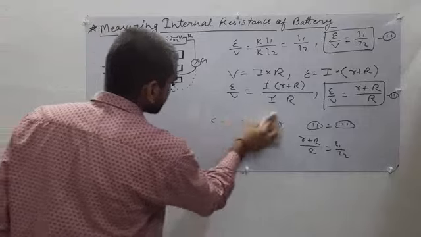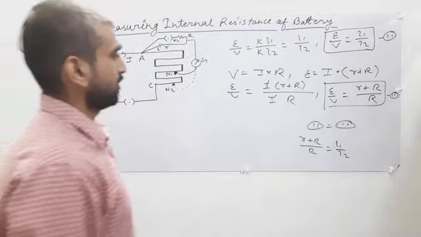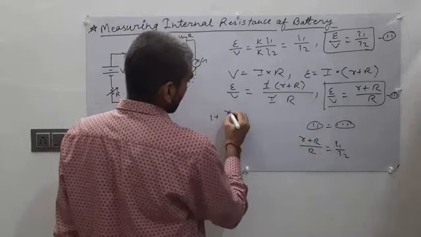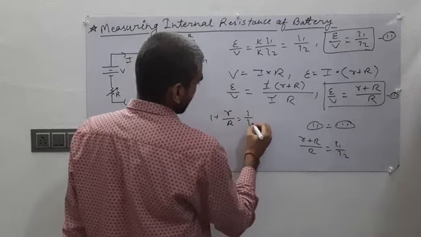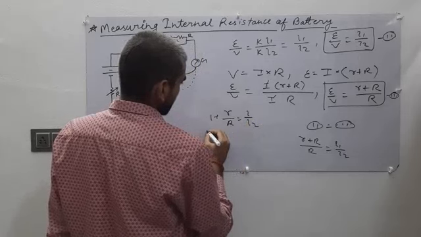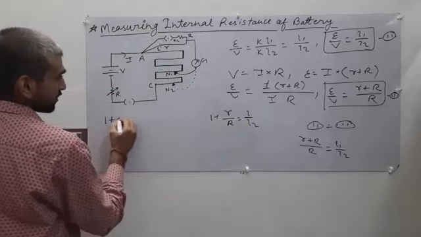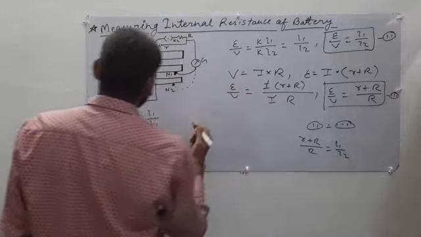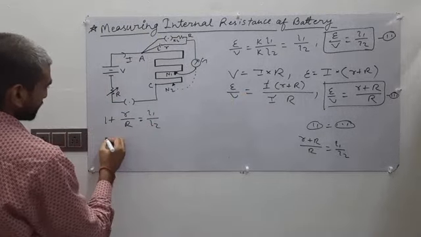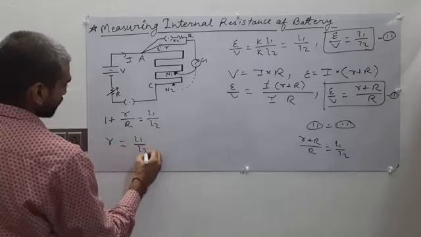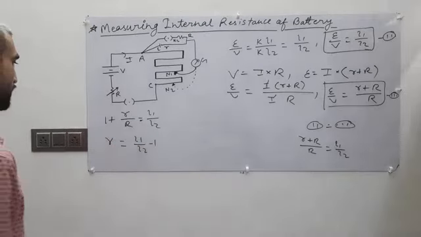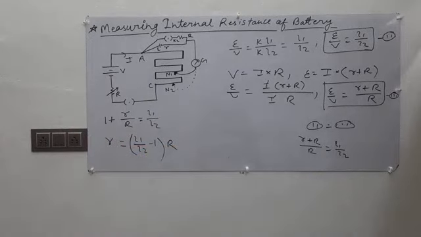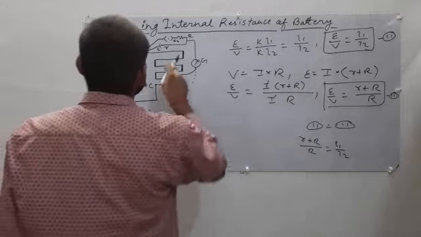Then from here, 1 plus r upon R equals L1 upon L2, and from here we can write r equals (L1 upon L2 minus 1) times R. This is the value of small r, which is internal resistance of this battery.